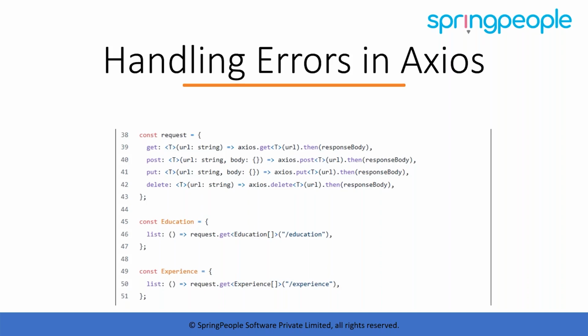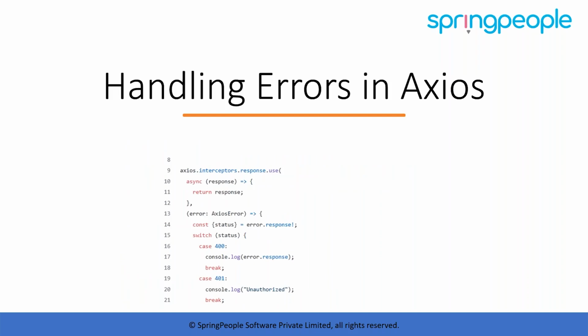Now, whenever you're going to write an Axios interceptor, there is a key that we use, and this is what we do. We say axios.interceptors.request.use for a request interceptor, and axios.interceptors.response.use for a response interceptor.